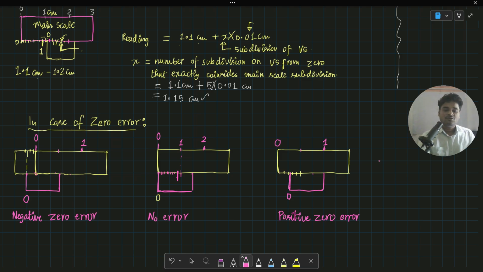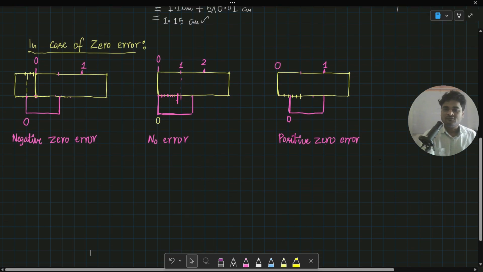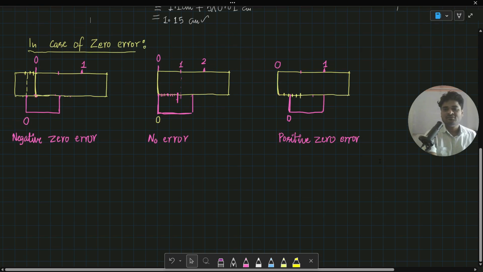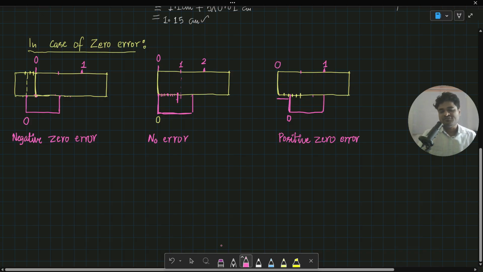Now we need to have error correction. Whenever we measure the length or dimension of an object, this error will always be there, this much positive error or this much negative error.